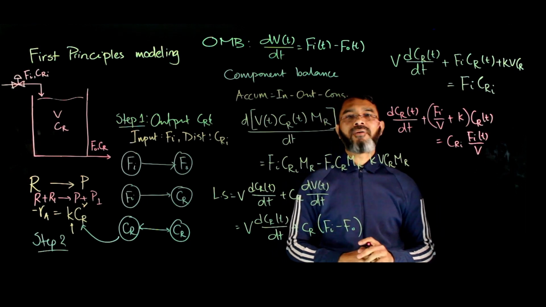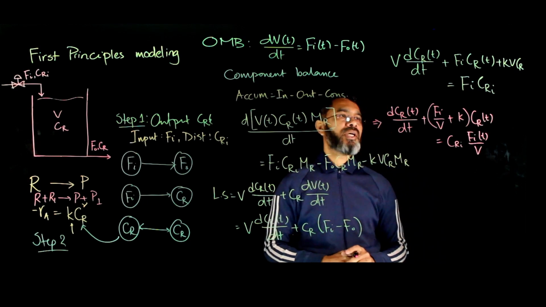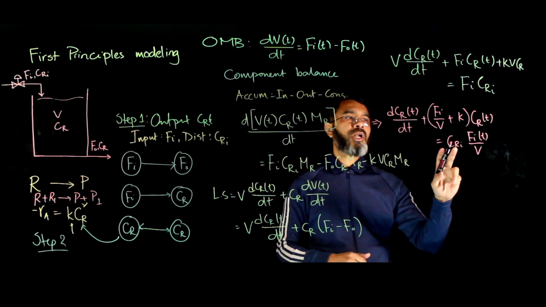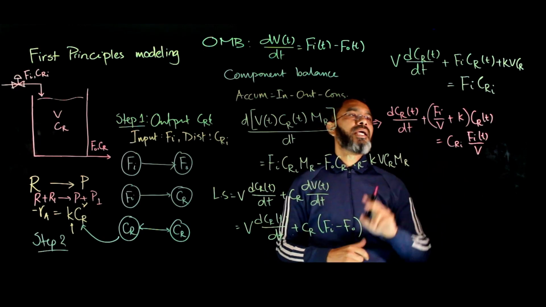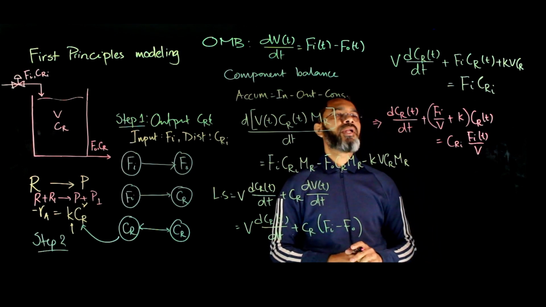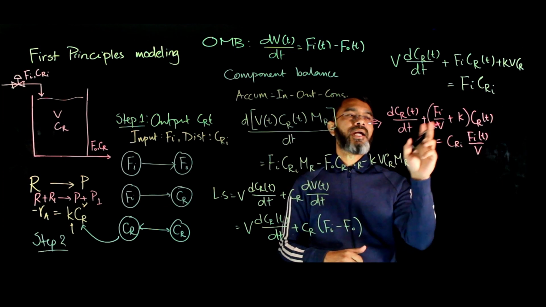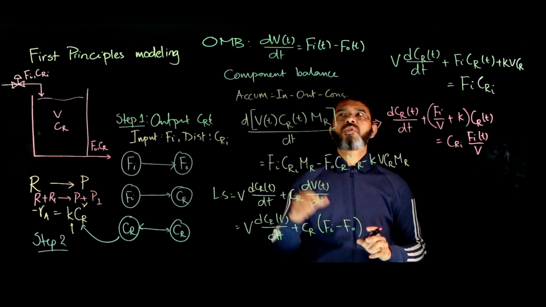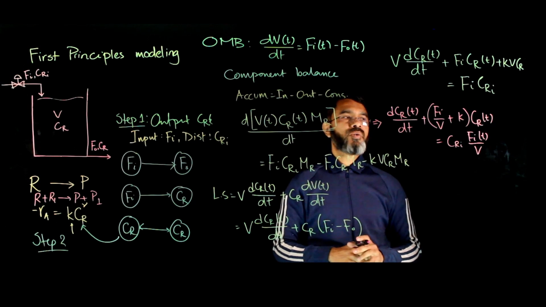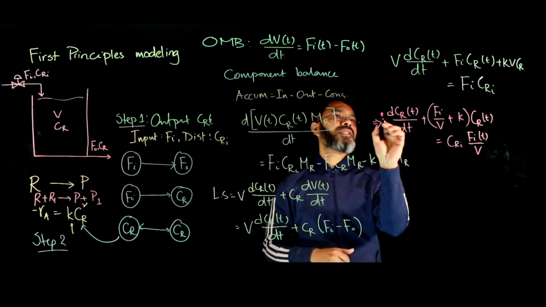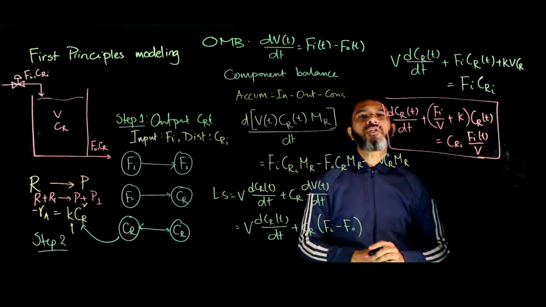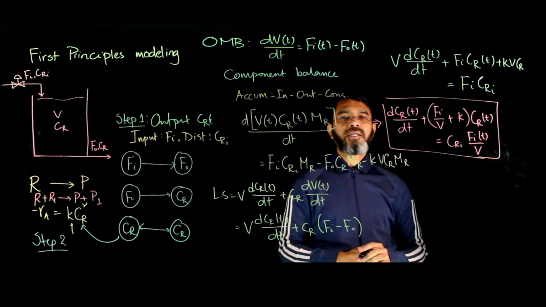If Fi remains constant, V remains constant, meaning that in the cases where you will be trying to find a model between CRi and CR, you will consider Fi and V to be constant. However, when you're trying to find a model between CR and Fi, you will have to solve these two equations simultaneously to get CR. So again, this is the final form of the equation for this case, and this is the same equation we obtained for the constant hold-up scenario.